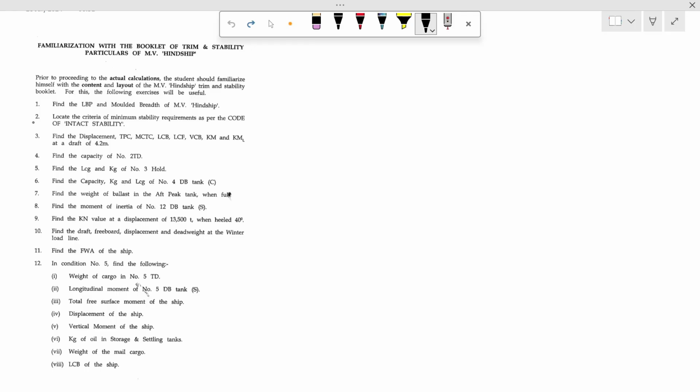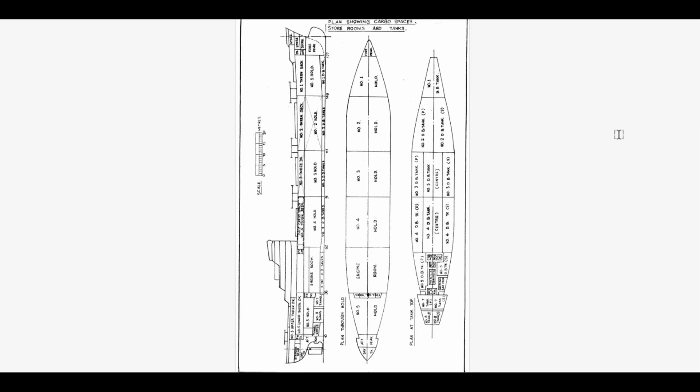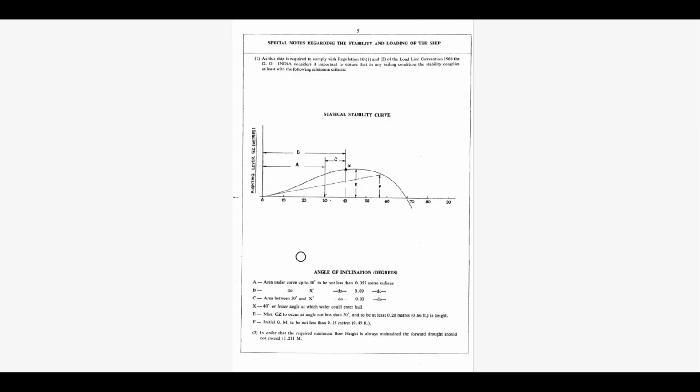Now let's move to the next question, question number 2. Locate the criteria of minimum stability requirements as per the code of intact stability. General particulars are on page number 3. After that, go to the next page, and here on page number 5 they have given the stability criteria.